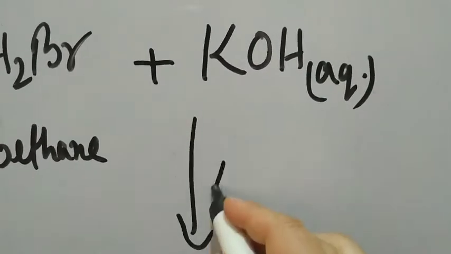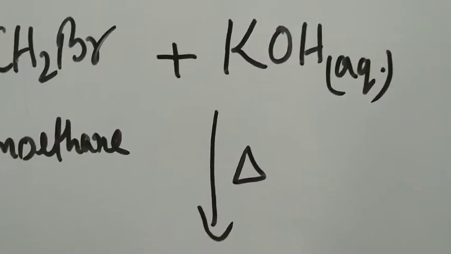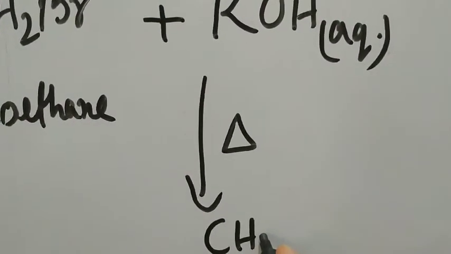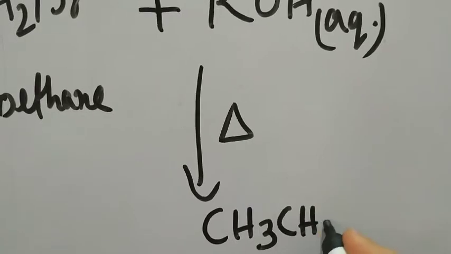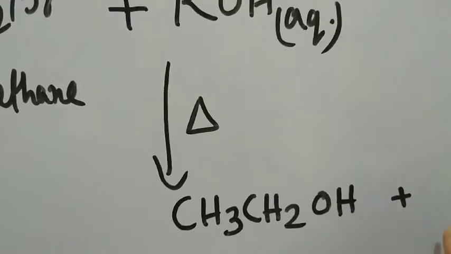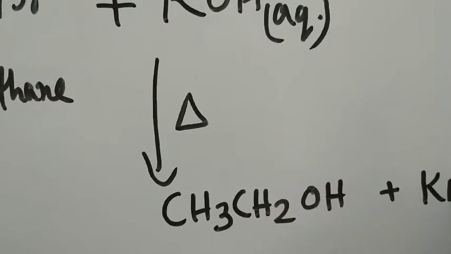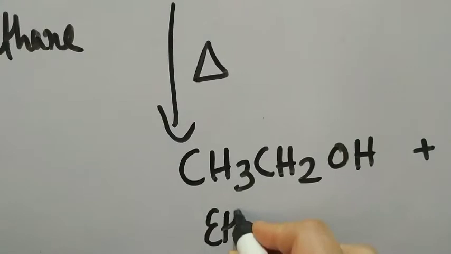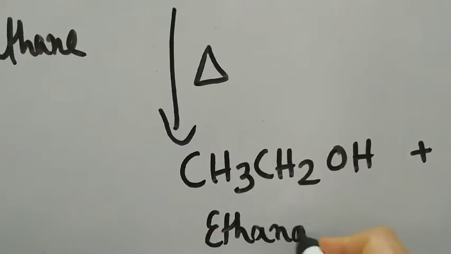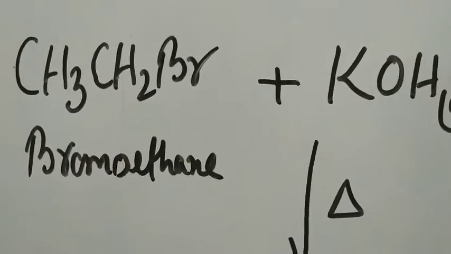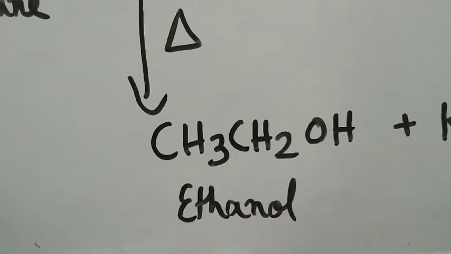When we heat it with the hydroxide, hydrolysis takes place and the product is CH3CH2OH, plus we are left behind with KBr. The compound formed here is ethanol, or ethyl alcohol. So this is the preparation of alcohol from a haloalkane.